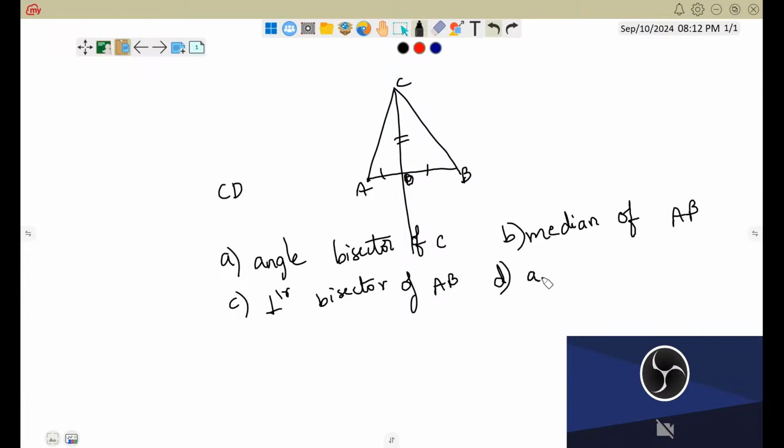Or is it an altitude? Altitude means what? A perpendicular line. Altitude is nothing but a perpendicular line. It exactly looks like a straight line which cuts AB perpendicularly. So option D is correct. It is an altitude, a perpendicular line. Okay.